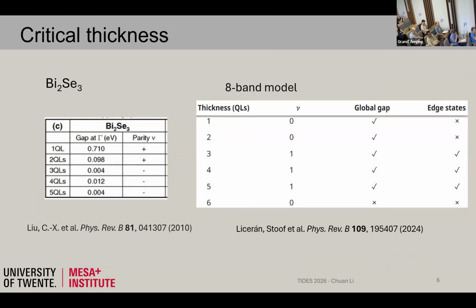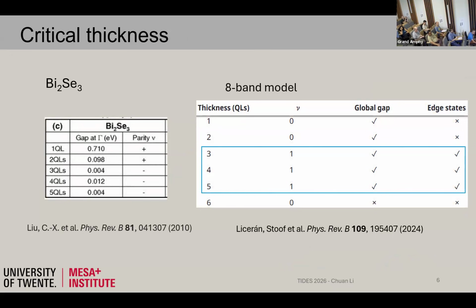In the field, people finally came to some common agreement in theory: for Bi2Se3, for example, the topological thickness is 3, 4, 5 layers with a reasonable size of the gap, and this is the regime we want.